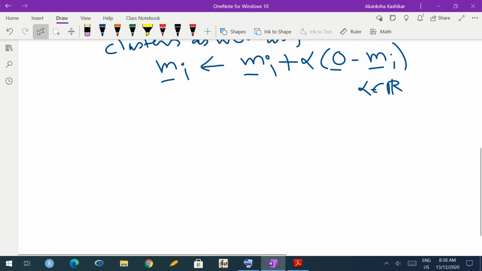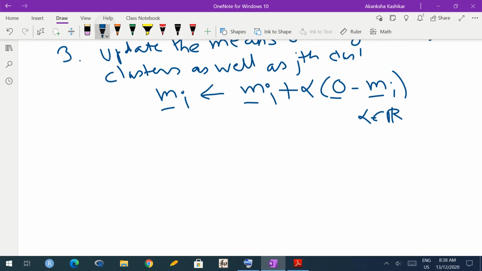It can vary. Okay, so alpha is kind of learning rate. So initially it can be high, whereas later it can be low, so that the clusters stabilize gradually. Okay, so alpha, as I said, is kind of learning rate, because you are changing the seed due to introduction of new observation, and alpha plays a role in it.